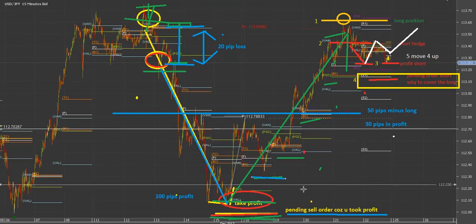Which means at this point you're 30 pips in profit.